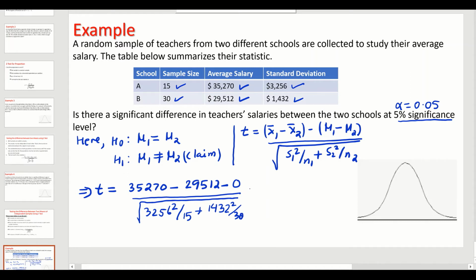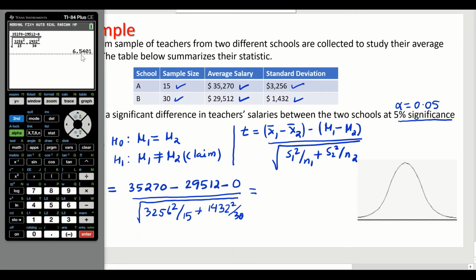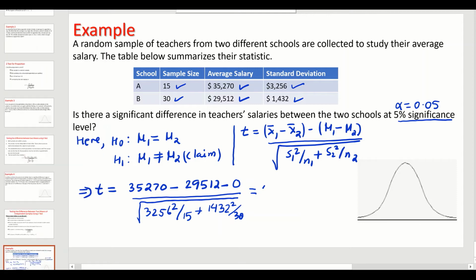Okay, if we type all these into our calculator, our result will be 6.5401. That is your test statistic.